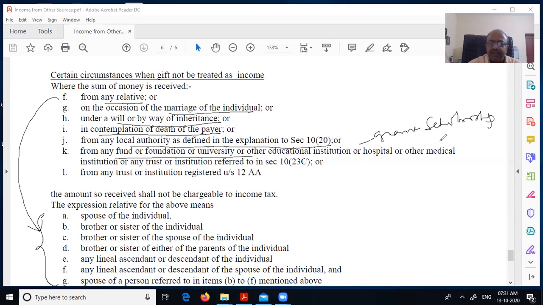Otherwise, it's like a gift only. There is no consideration. Then institution of any trust, etc. Sometimes a trust gives scholarships also. Any fund which is registered, even they give scholarships. So that will not get taxed under this.